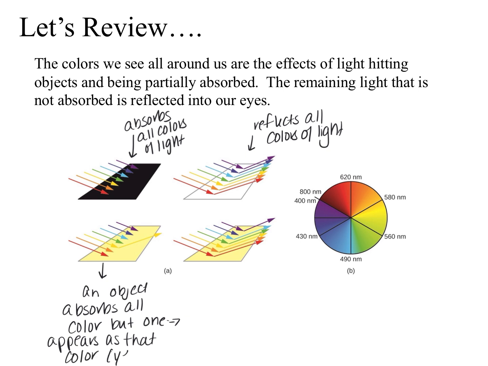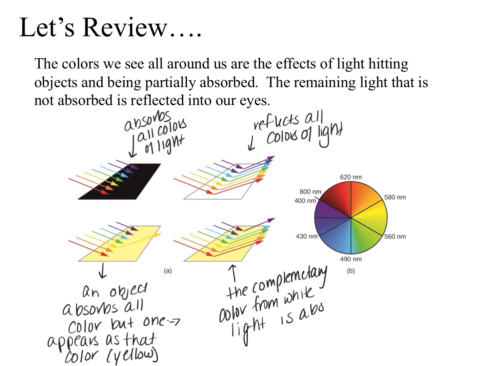Right, and what we're seeing here, of course, is yellow. But the strip can also appear yellow, so notice we're also appearing yellow here because we're absorbing the complementary color from white light. So indigo is absorbed. So we see yellow.